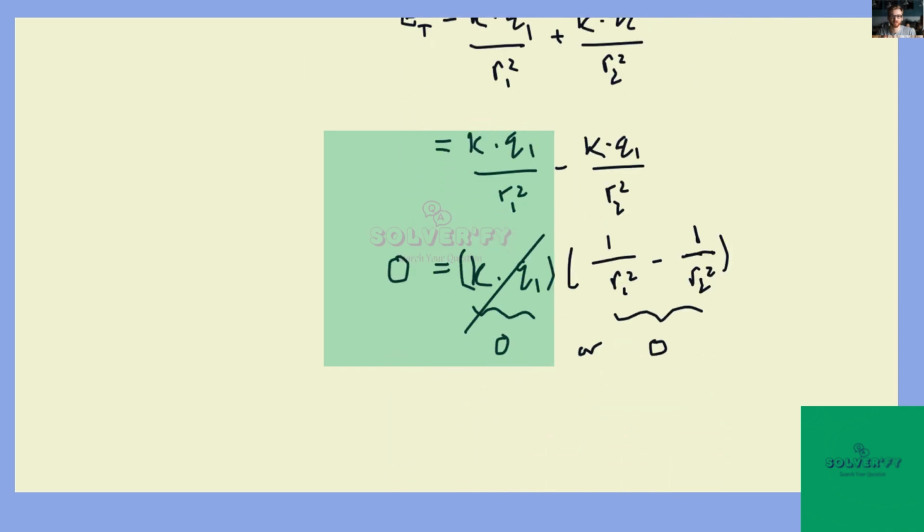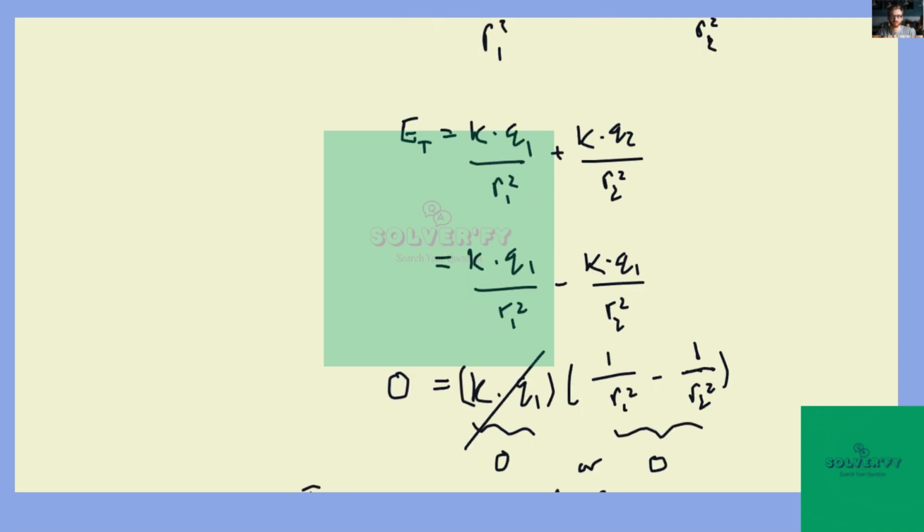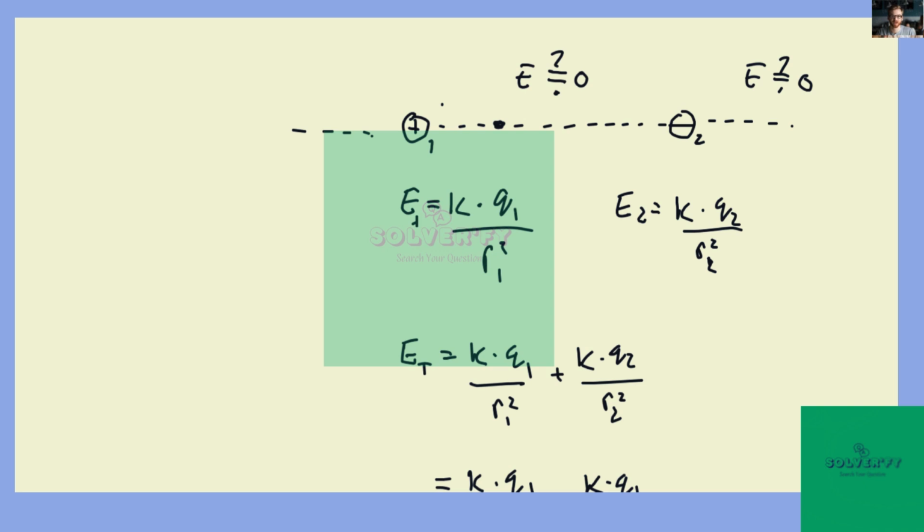So this doesn't matter. The net electric field is only going to be 0 when R1 equals R2. So E can only be 0 when R1 equals R2, if you're in a line with the two point charges. That's just how this works.